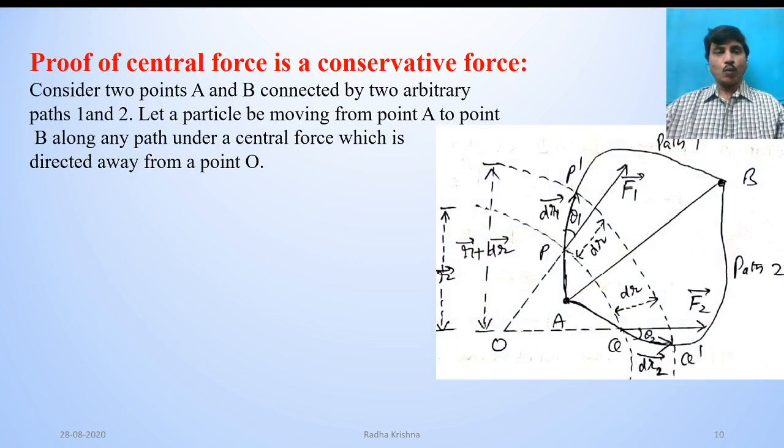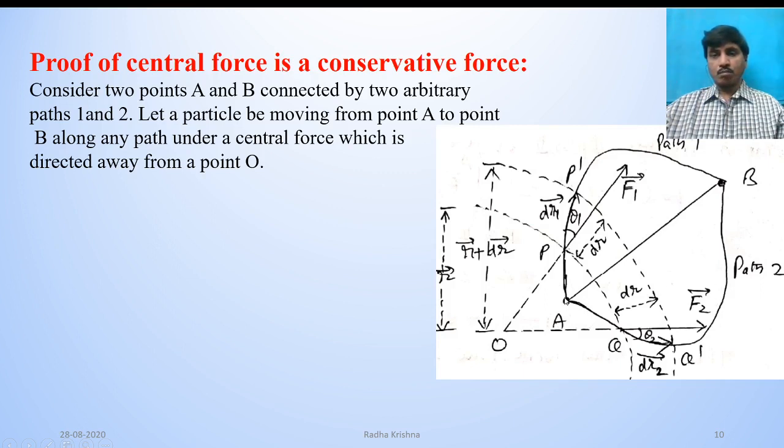Consider 2 points A and B connected by two arbitrary paths 1 and 2 as shown in the figure. In the diagram, O is a point, and A and B are the 2 points in between the paths 1 and 2.